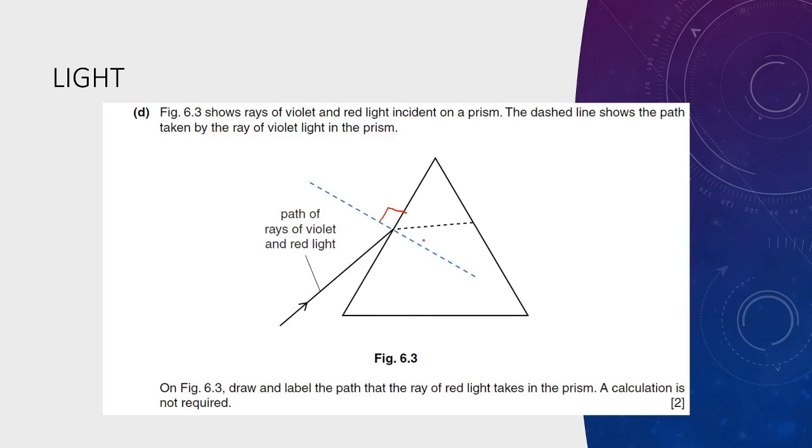Make sure that the angle between the red light and the normal line is less than the angle formed by the normal line here and the violet light. So we get our red light as this one. It doesn't have to be exactly in this position. Just make sure that the angle between the red light and the normal line is less than the angle between the violet light and the normal line.